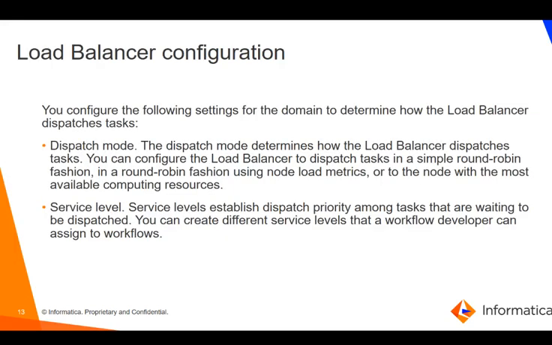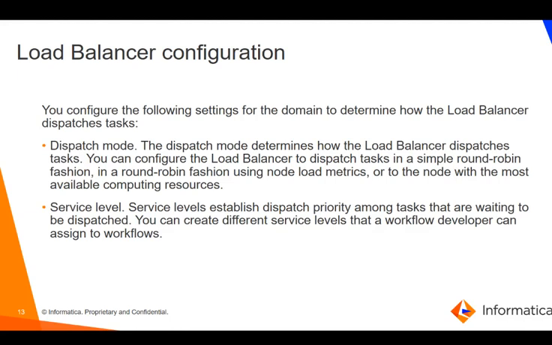Again, the load balancer can have these settings for a domain, and you can determine how the load balancer dispatches tasks according to these two configurations. So first is the dispatch mode. The dispatch mode determines how the load balancer will rank the tasks, and how it will rank the nodes available, and then it will dispatch the tasks.